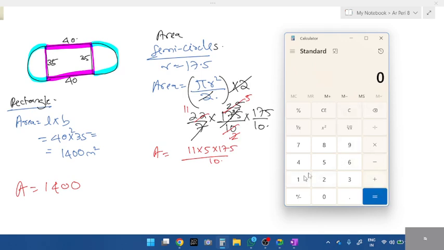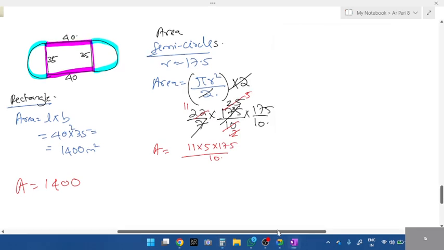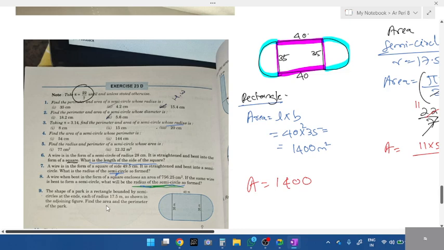9625? No. What's the area given, students? What's the total area given? Yeah, be quick. Ninth question. What is area? Exercise 23D. All of you check the ninth one, students.